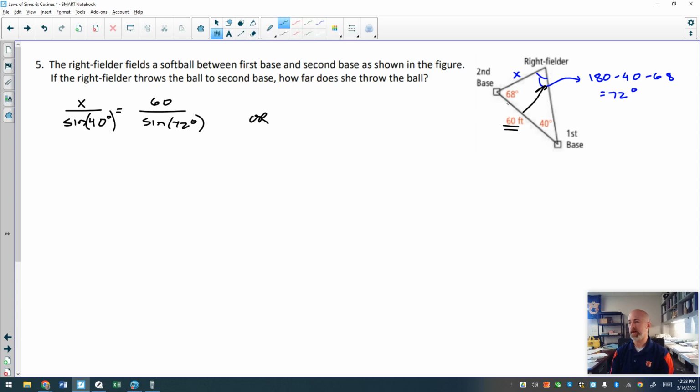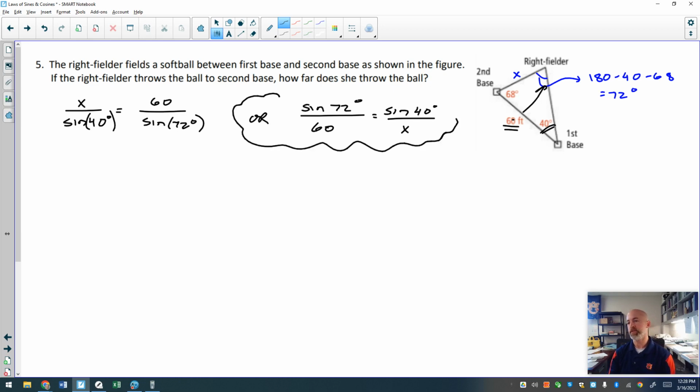I could do the sine of 72, because I do have that angle, sine of 72 over its opposite side, which is 60. And as long as you keep the same thing on top, it doesn't matter where you start. So if I put my sine of 72 on top, then I need to put the sine of 40 on top on the other side. I will, on occasion, do it this way, and sometimes I'll put the side length on top, and it doesn't matter because once you cross multiply, you'll end up with the same thing.